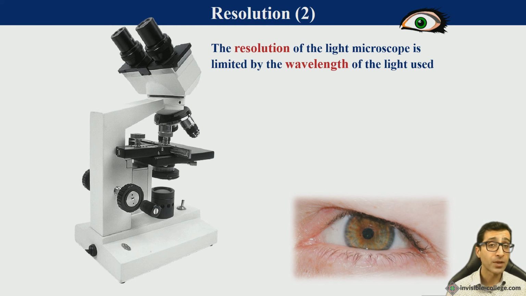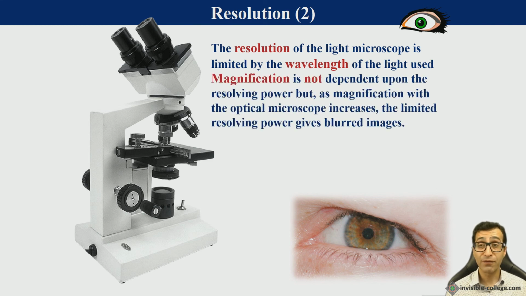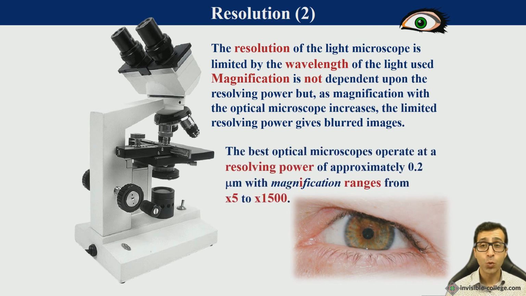Now magnification, in contrast to resolution, is not dependent upon the resolving power, but as magnification with the optical microscope increases, the limited resolving power gives blurred images. Now, the very best optical microscopes operate at a resolving power of approximately 0.2 micrometers with a magnifying range of between ×5 to ×1500.